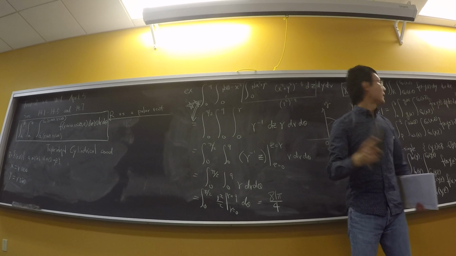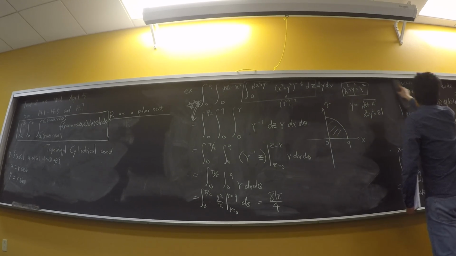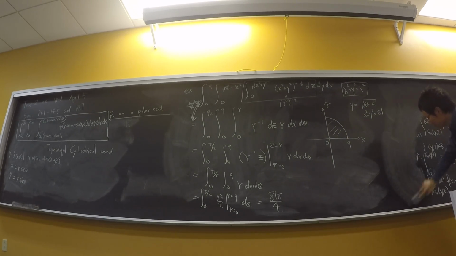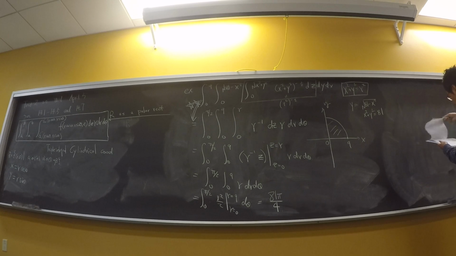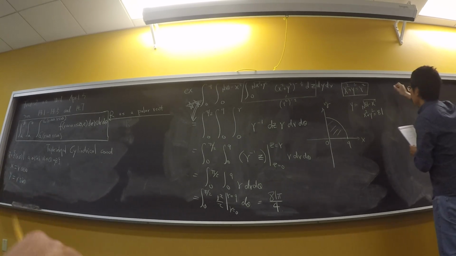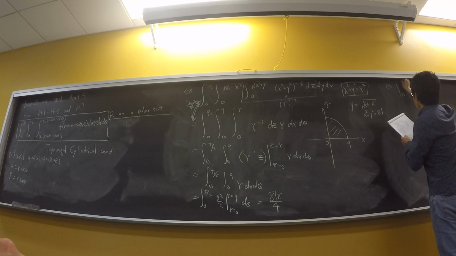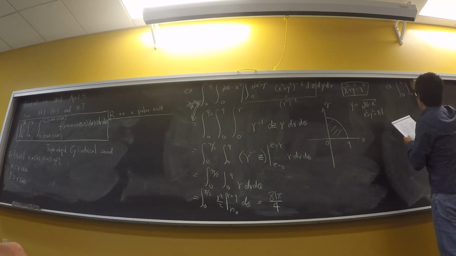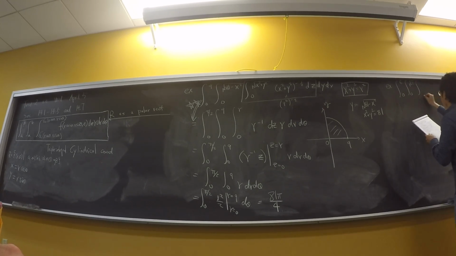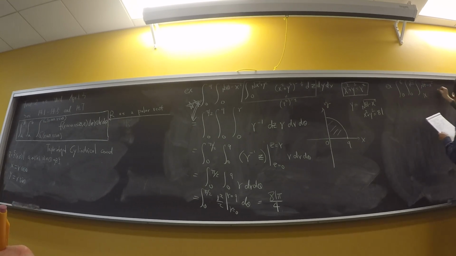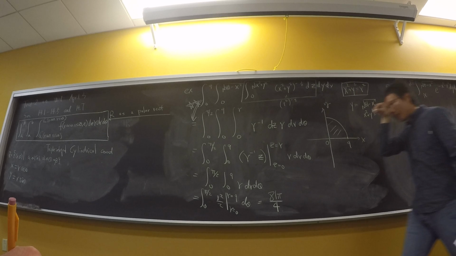Questions? Now I want to give you a slightly more challenging question. Only slightly. So let's see, we have this part. From 0 to 6, from 0 to square root of 2, from x to square root of 4 minus x squared, e to the minus x squared minus y squared, dy dx dz.